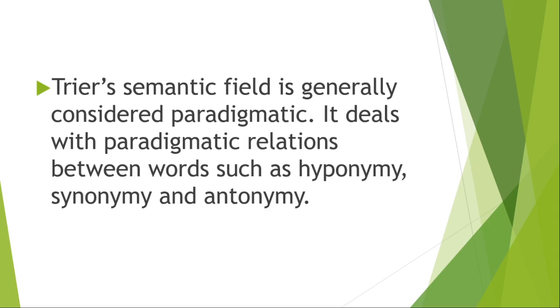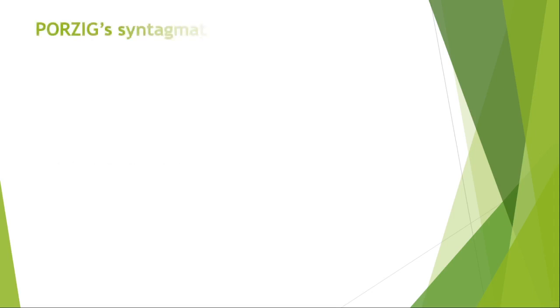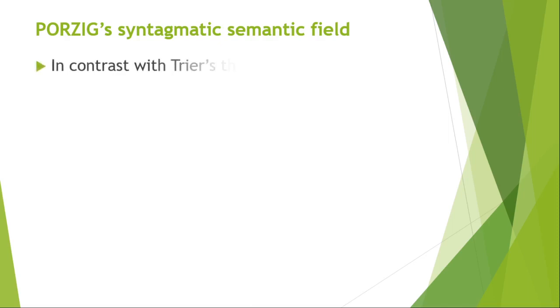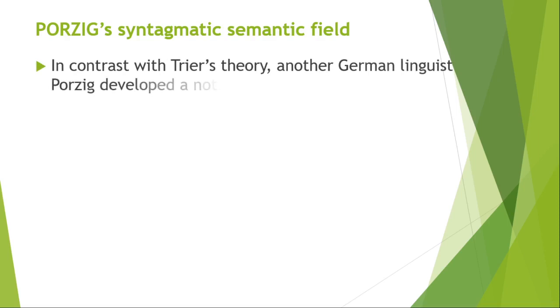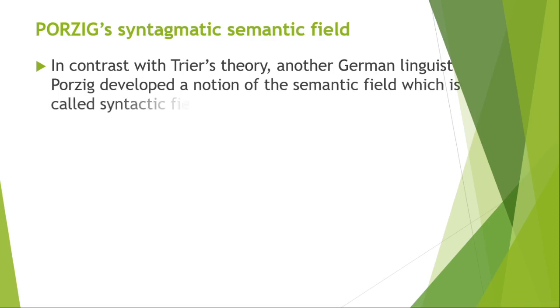Now, there is another theory, Porzig's syntagmatic semantic field. In the previous slide, we studied the paradigmatic semantic field. Now we are studying the syntagmatic semantic field. In contrast with Trier's theory, another German linguist, Porzig, developed a notion of semantic field, which is called syntactic field by some scholars.